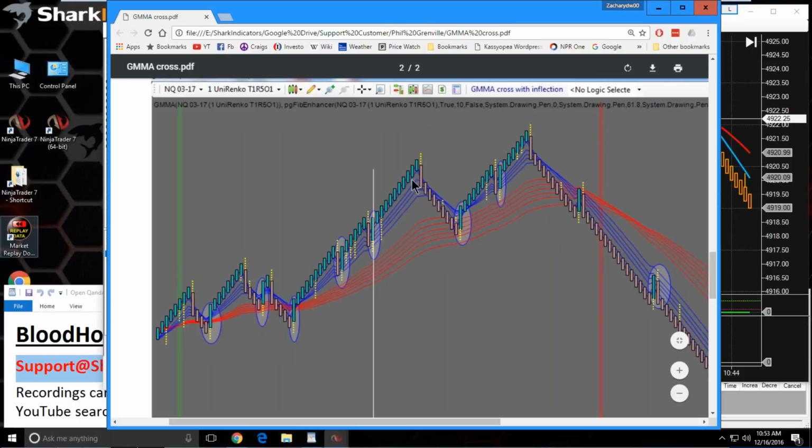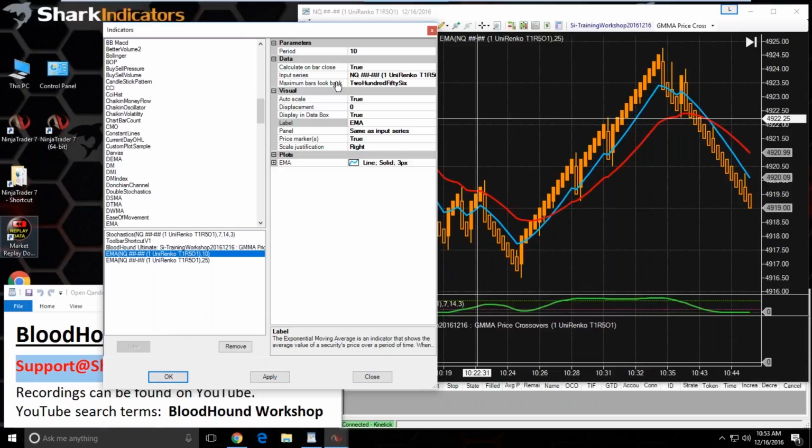Yeah, even with the really fast blue line, it looks like price is crossing the really fast blue line here. That really fast blue line looks like it's only a 2 period or a 5 period or something like that, but I guess it doesn't really matter. Looks like we're going to get the same results.